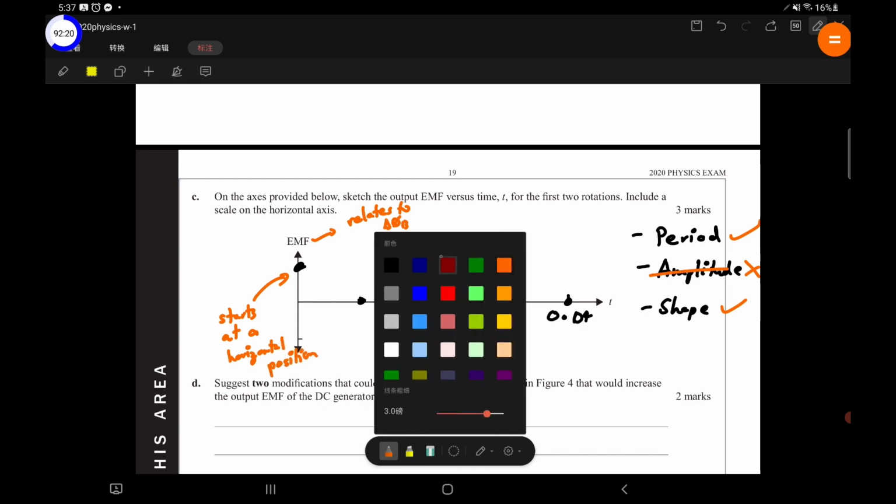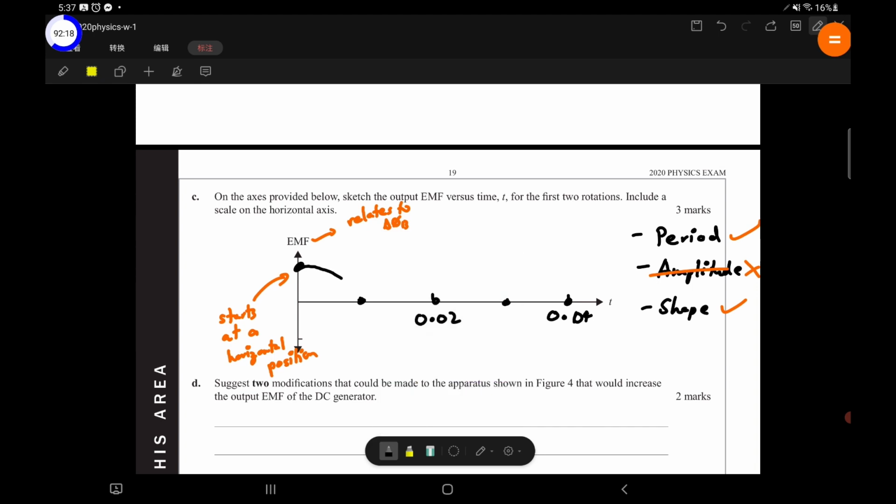At the horizontal position, you have a maximum change in flux, hence a maximum EMF. I should say maximum rate of change in flux, so my bad. And there we have it. So this is our rough sketch of this EMF graph. All right, that will do.